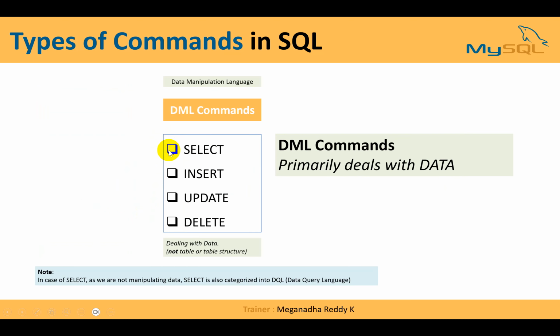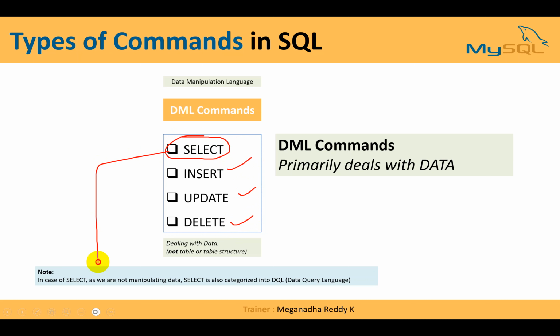Now the next one we have is data manipulation language. As the name says, manipulating. In this category of commands, you will manipulate the data. For example, you will insert the data, you will update the data, you will delete the data, and you will select the data. In case of selection, since you are selecting the data, it actually will not manipulate the data. It actually queries the data.